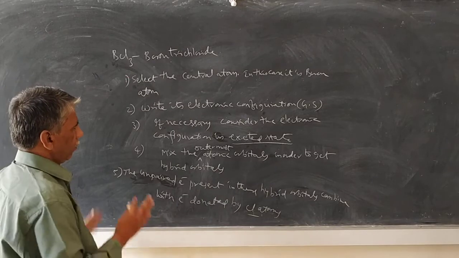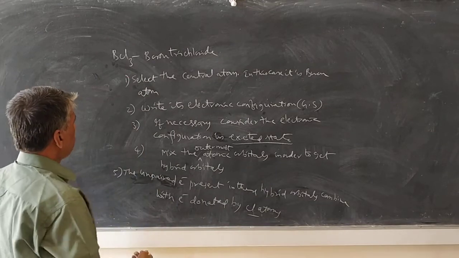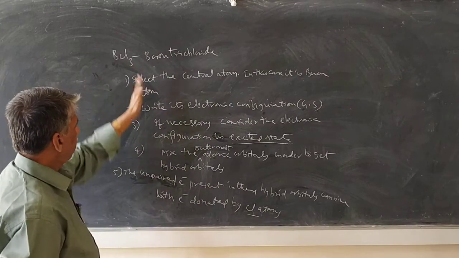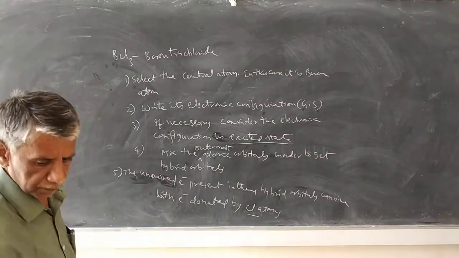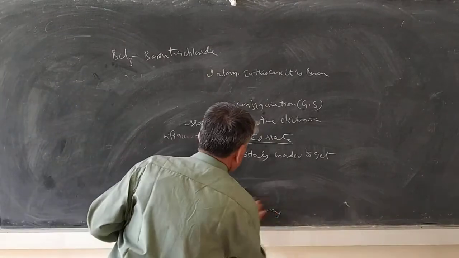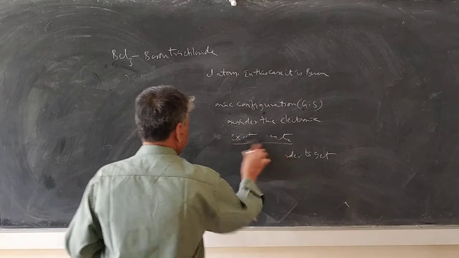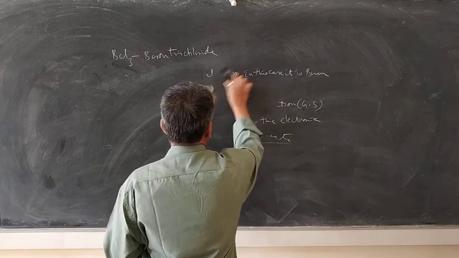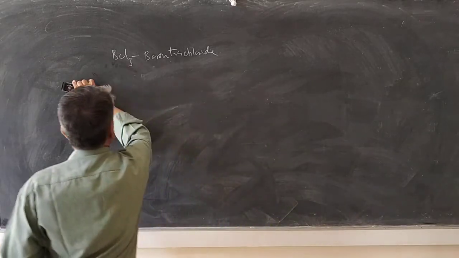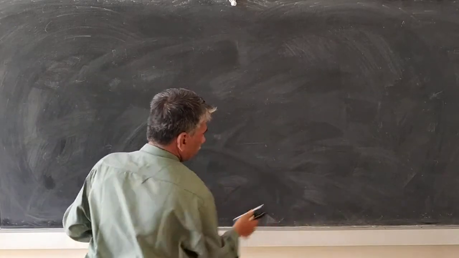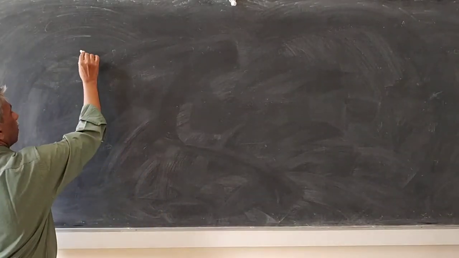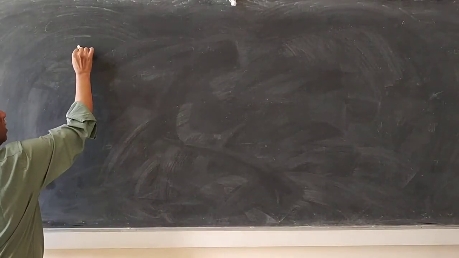Okay. So now we shall explain the hybridization of BCl3 on the basis of these 5 steps. So first step is the central atom is boron.